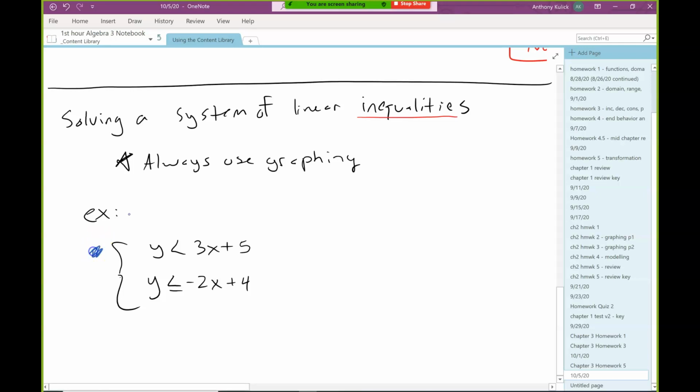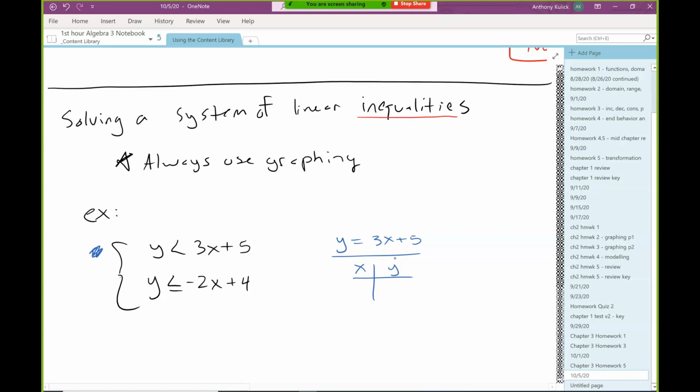So for this first equation, I'm going to use blue. I'll look at the line y equals 3x plus 5, and I'll make a little xy table. One way that we can find some x and y values is by picking values of x and then finding the corresponding value for y, right?